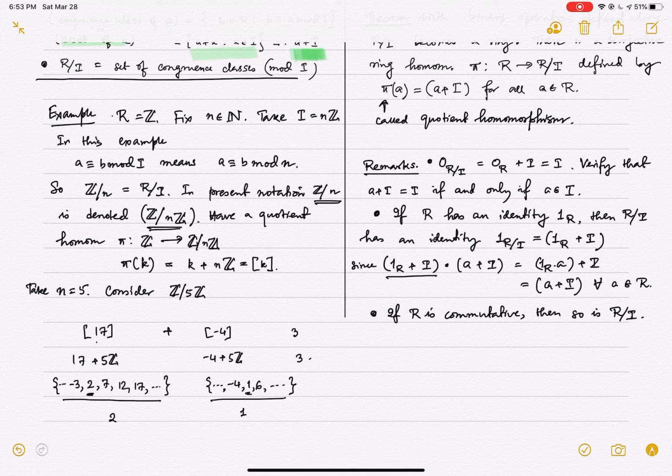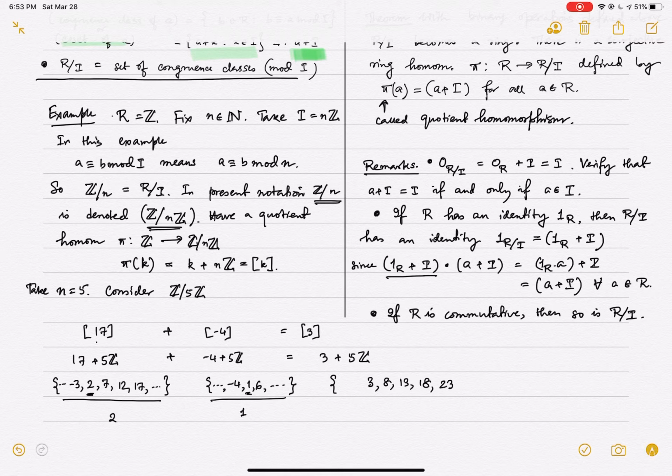So the sum of these two things in Z mod 5 is going to be 3 plus 5Z, which means the set 3, 8, 13, 18, oops, am I doing it right?